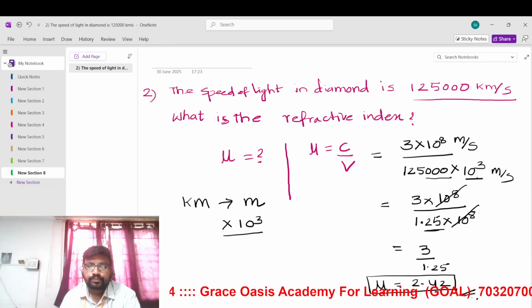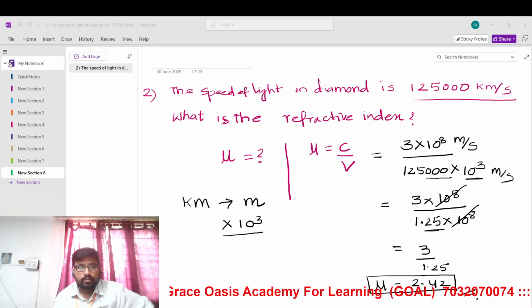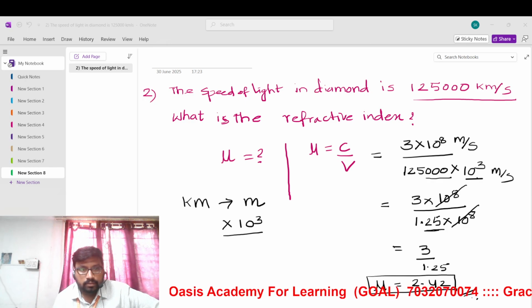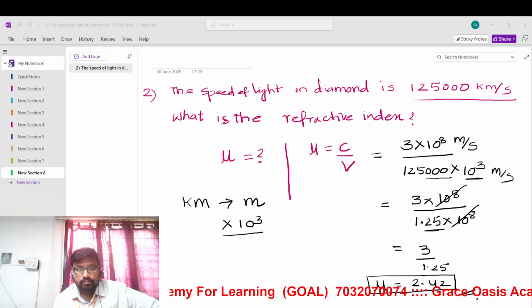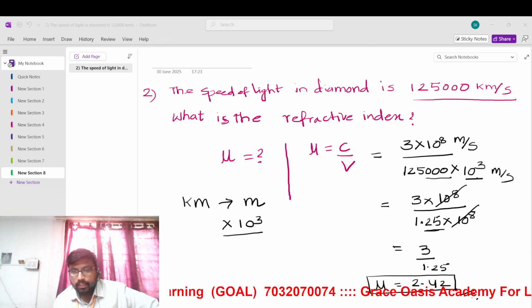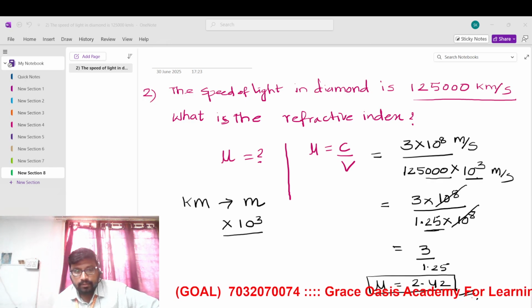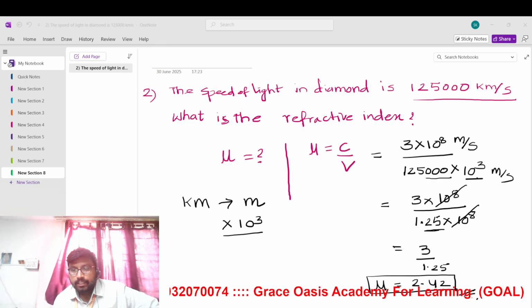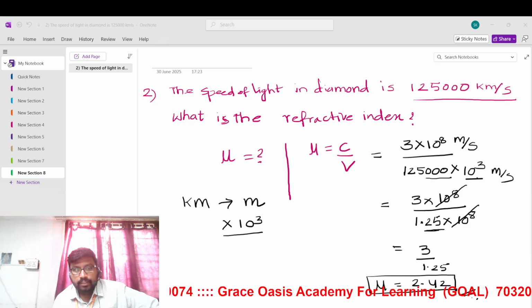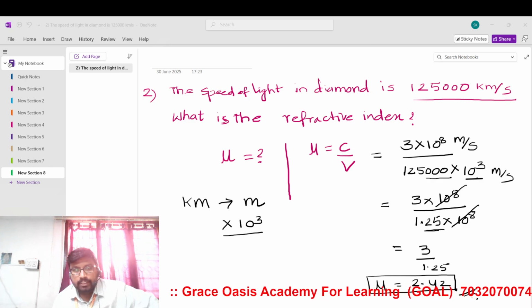Is it okay? Any doubt? No, conversion. You see, from kilometer to meter, we have to take it as 10 to the power of 3. 3 digits.